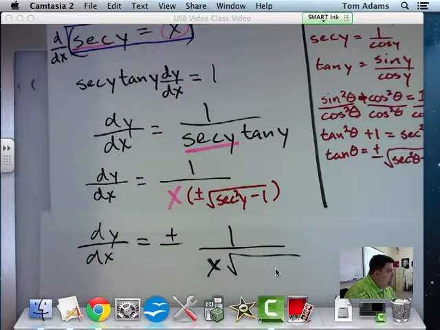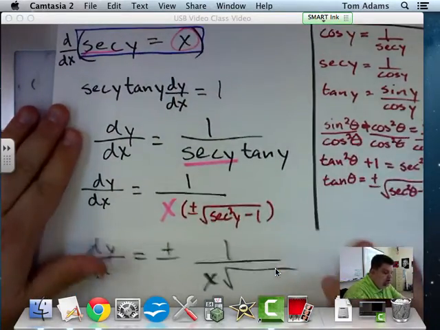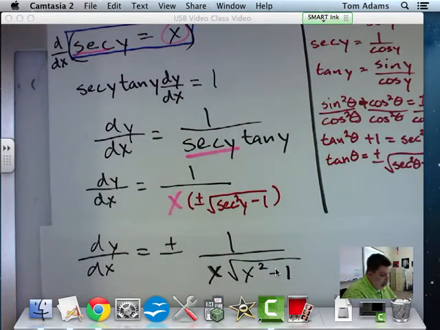What is secant of y, really? It's x, isn't it? Yeah. So couldn't I say x squared minus 1? Take a second and follow the steps and let that soak in.